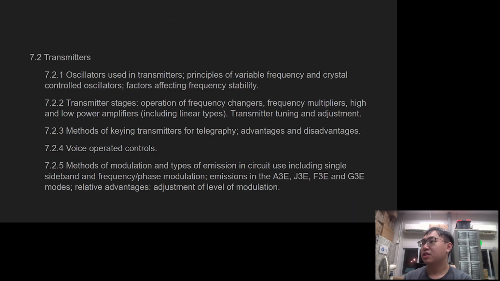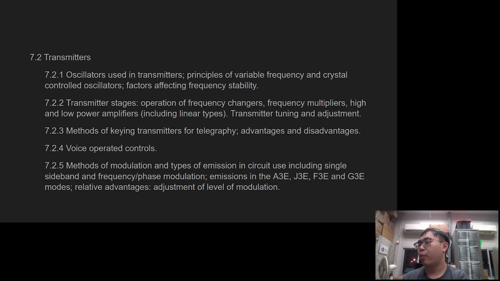Let's continue with what we have gone through today. This is copied from our NSE. What we talk about are the modulation methods. So they mention A3E, J3E, F3E, and G3E. G is phase modulation, but if you can't memorize it, don't memorize it.